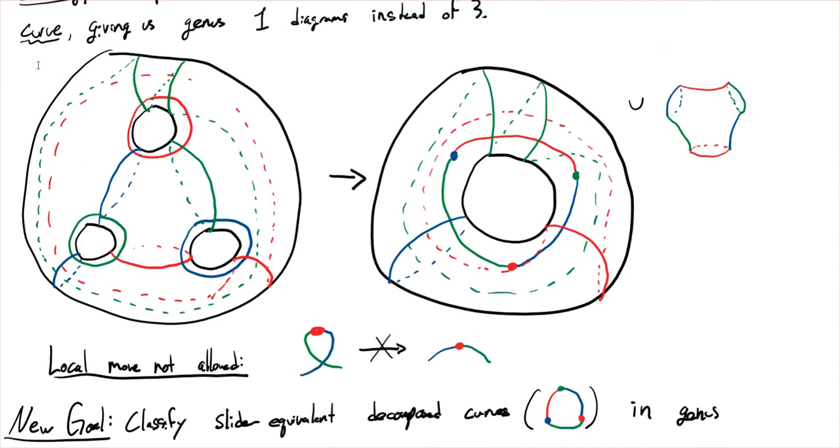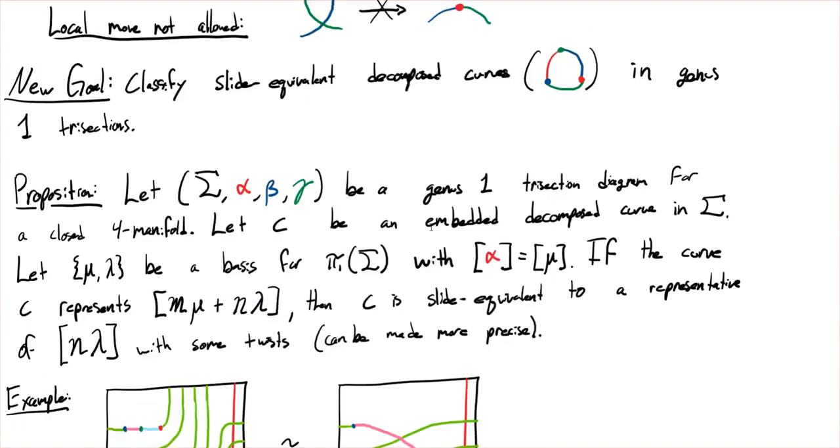Since we can represent this 6-chain as this kind of decomposed embedded curve uniquely, we might as well just forget about genus 3 diagrams and think about these embedded decomposed curves in genus 1 trisection diagrams. And that's what we did.